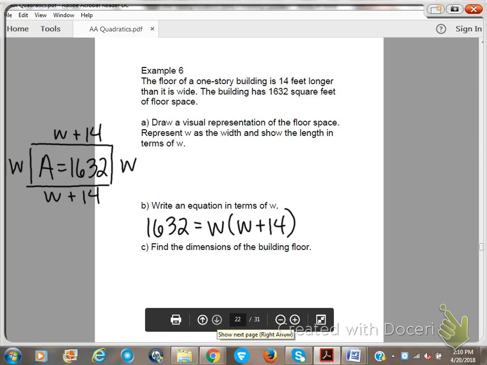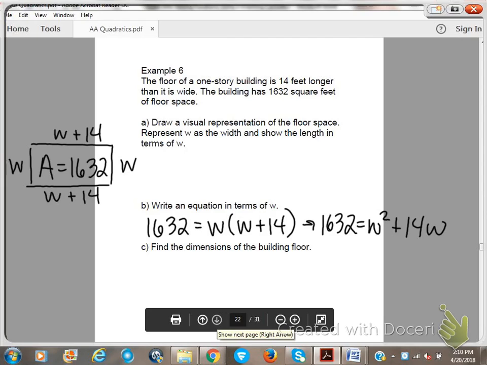W times W plus 14. And make sure it is in parentheses. You can leave it like that, or you can distribute it through. Either way is good. So 1632 equals W squared plus 14W.